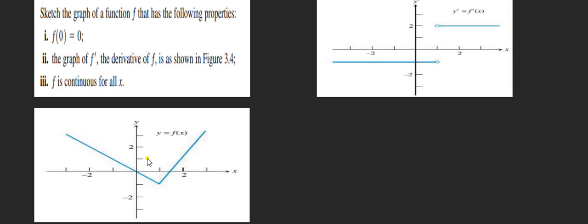So when x equals 0, the y value is 0. So we know that it has to go through that point right there. And the slope from negative infinity to 1 is going to be negative 1. So from here, since the slope is negative 1, you go down 1 and right 1. And you connect these two points and you get a line. Now what about from 1 to infinity?